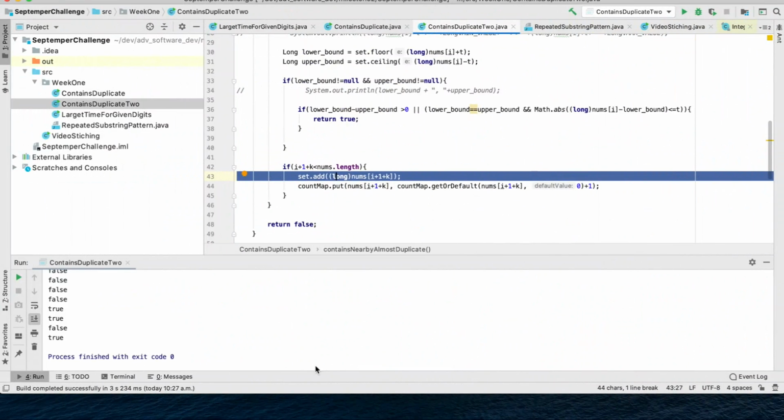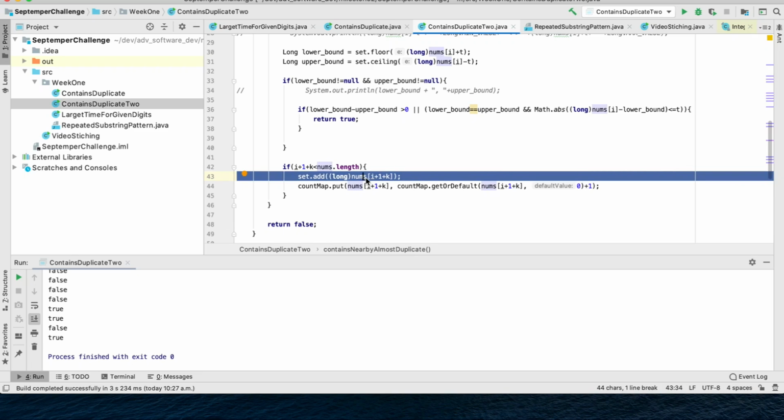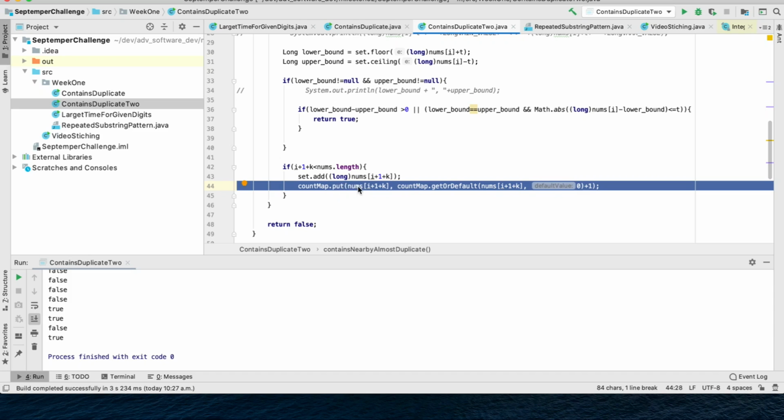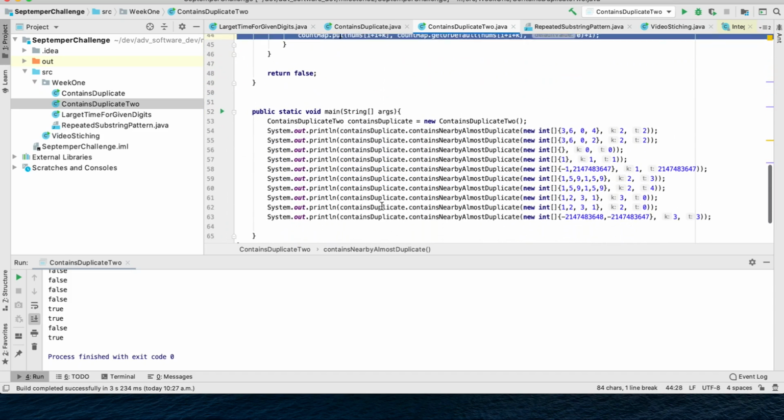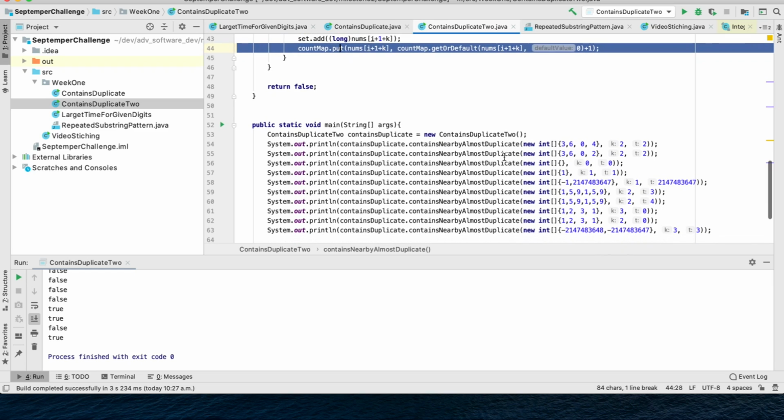So I'm adding that next number to my tree set data structure, and I am also incrementing the count in my hash map. This is the algorithm, and let us run the program now.